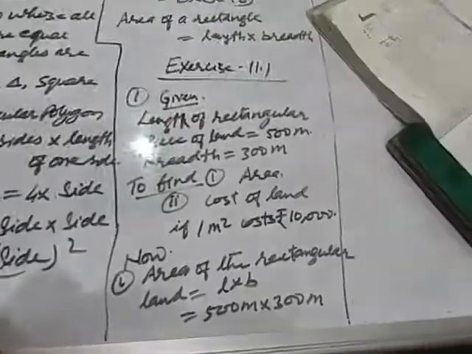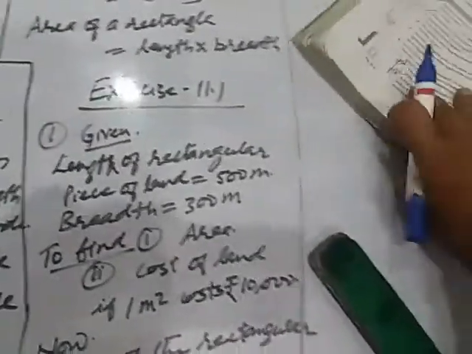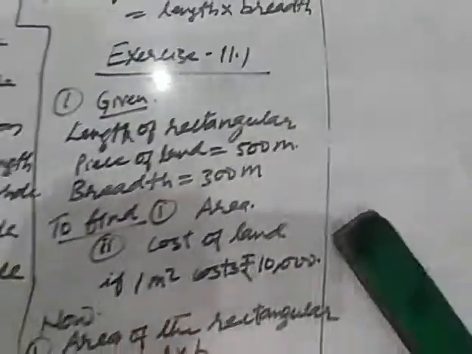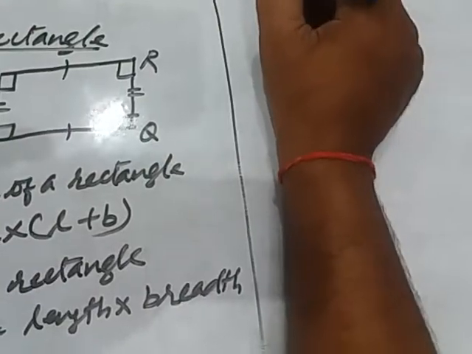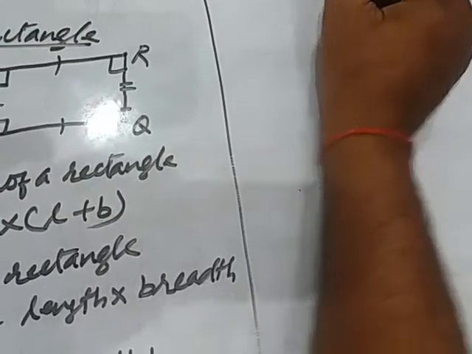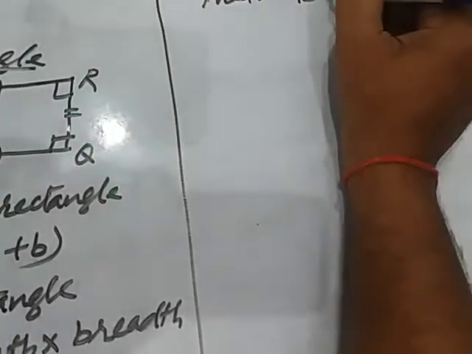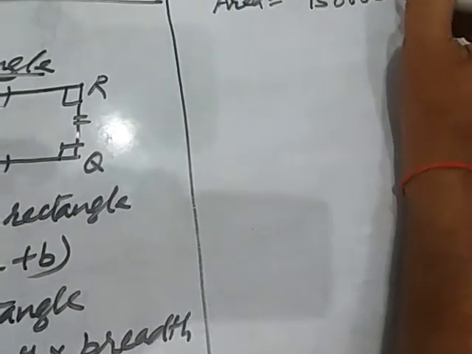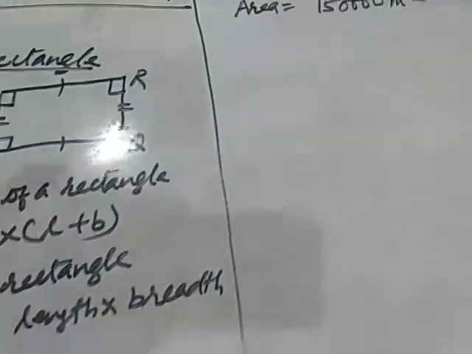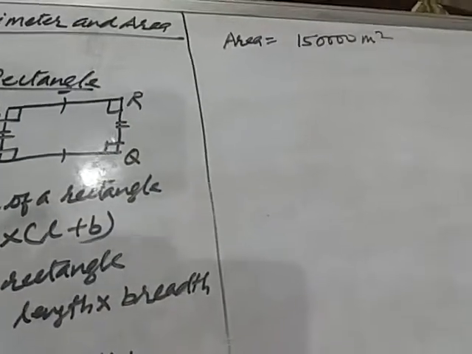Children, 500 meter into 300 meter, that is 5 3s are 15, and number of zeros equal to 4, and square meter. So area is how much?